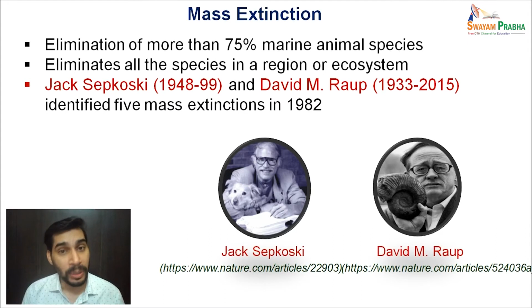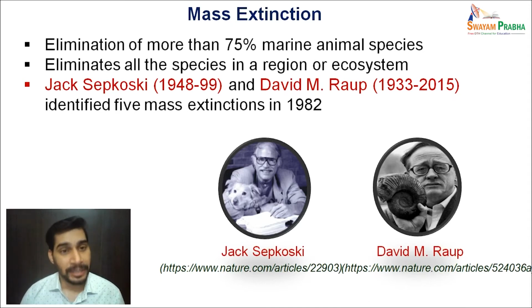If it is below that, we do not consider it a mass extinction event. It eliminates all the species in a region or ecosystem. Now this is very much unlike background extinction, because in background extinction we were talking about a particular species. Now we are talking about all the species residing in a particular region or ecosystem which go extinct.